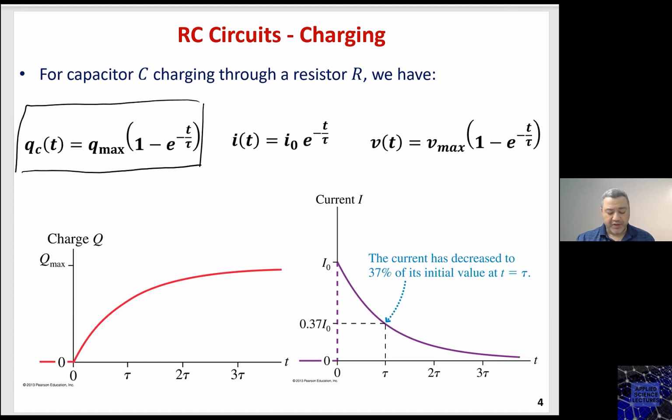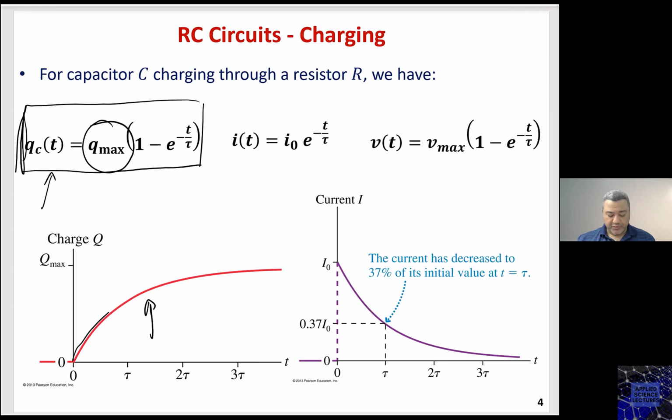So I now have an exponential function for the charge that describes the charging performance of the capacitor. It's Qmax times 1 minus e to the power minus t over tau. This is for the charge. This describes the capacitor being charged and is given by this response.